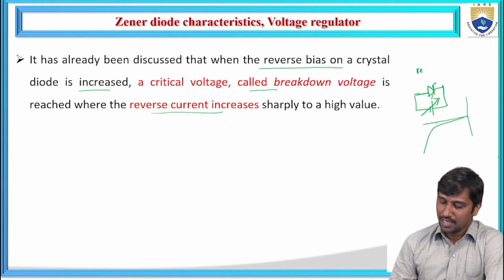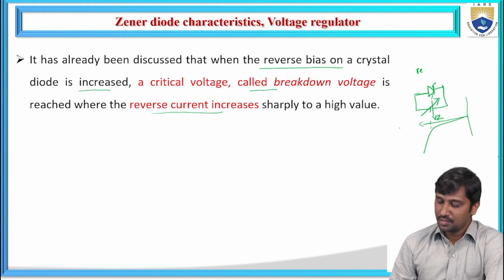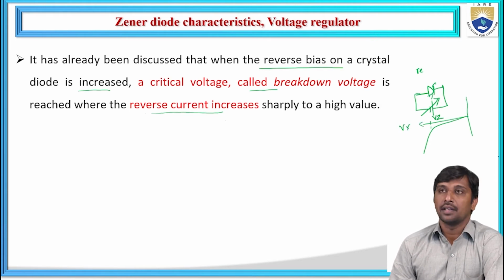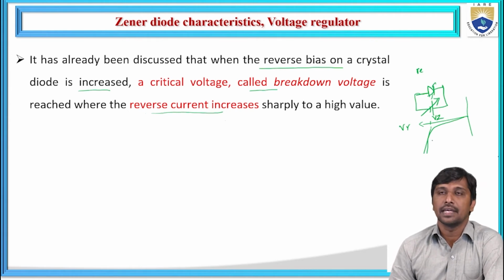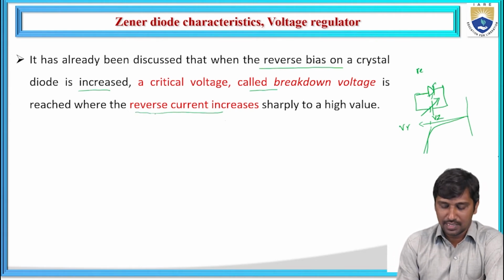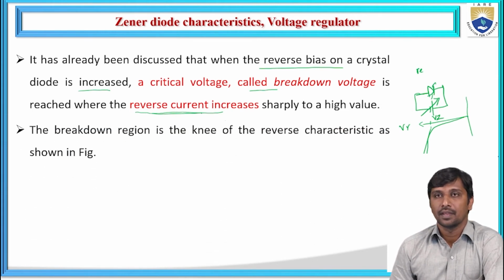So this I consider the VZ, and this is your applied input voltage under the reverse direction. When this applied voltage crosses this Zener voltage, then there is a sharp linear increment of current in the reverse direction. So that current is represented as a reverse current here.